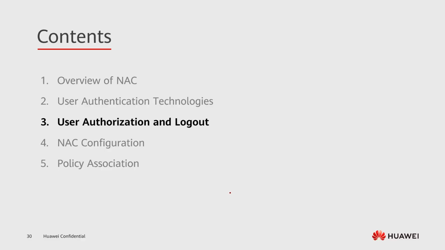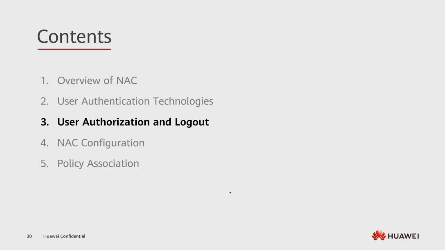Okay, till now we have just learned the three common authentication technologies. They are 802.1x, portal authentication, and MAC address authentication. And then after you pass the authentication, the users need to get the specific authorization.